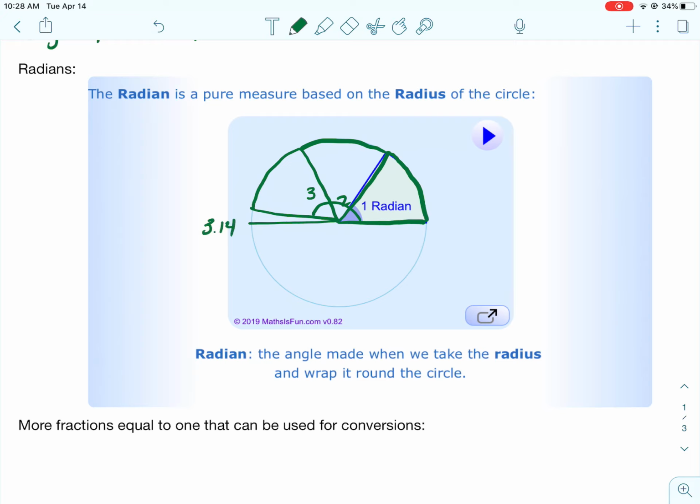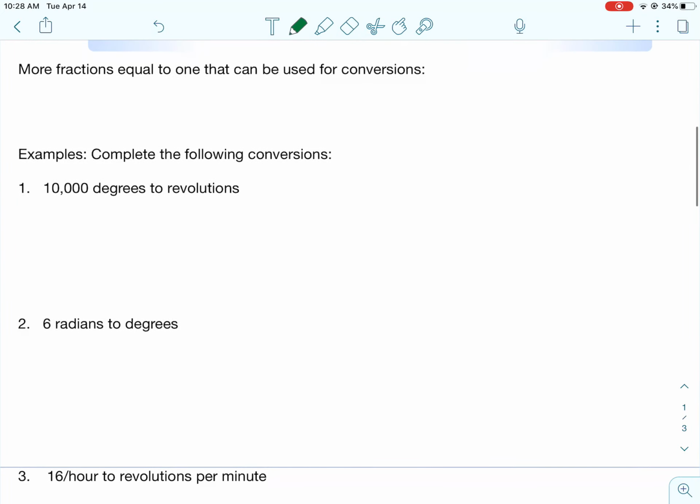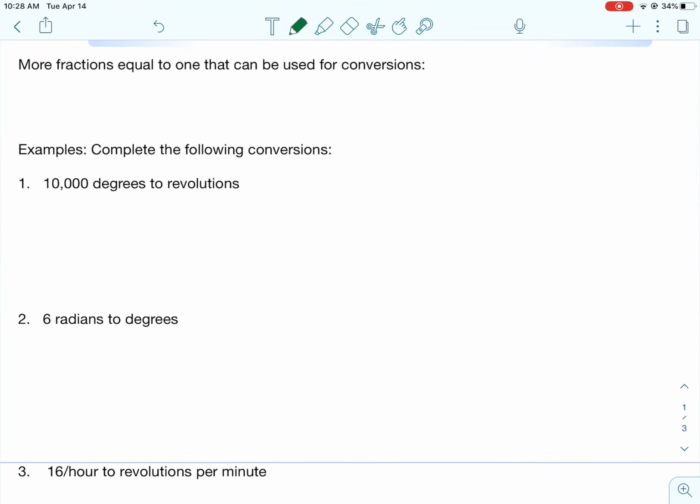All right, and then we would do it again, and this whole angle here would be 3 radians. And then just a little bit more is about 3.14 radians, which is pi. Right, and then if we kept adding radians all the way around, 1 complete revolution is going to be 2 pi radians.